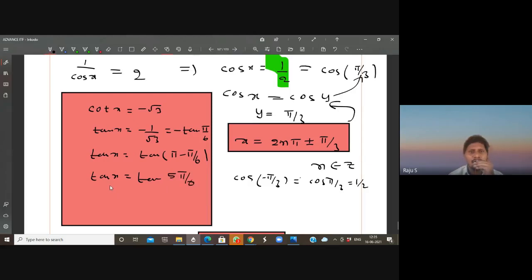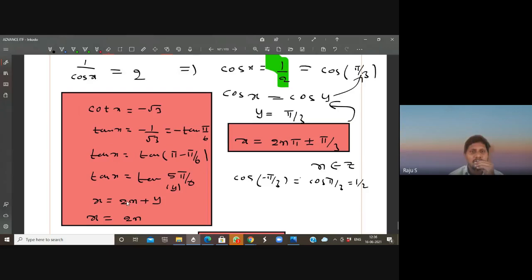This is in the form of tan x is equal to tan y. So what is the general solution I have written? X is equal to n pi plus y.